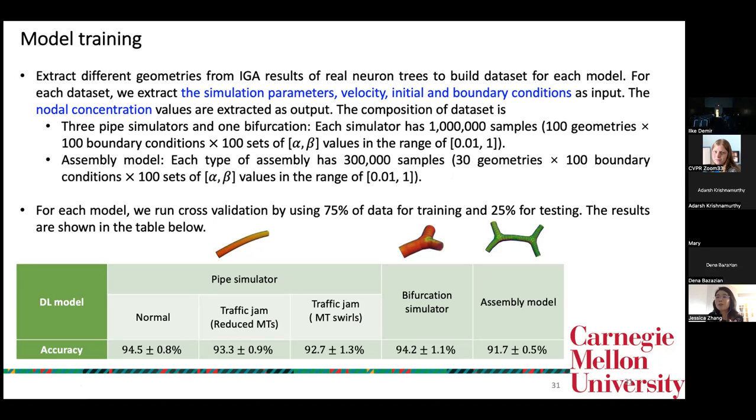Then following the standard way, we conducted 4-fold cross validation. For the pipe simulators, we got 94%, 93%, 92% accuracy. Bifurcation simulators, we received 94% accuracy. Assembly models, we have 91.7%.